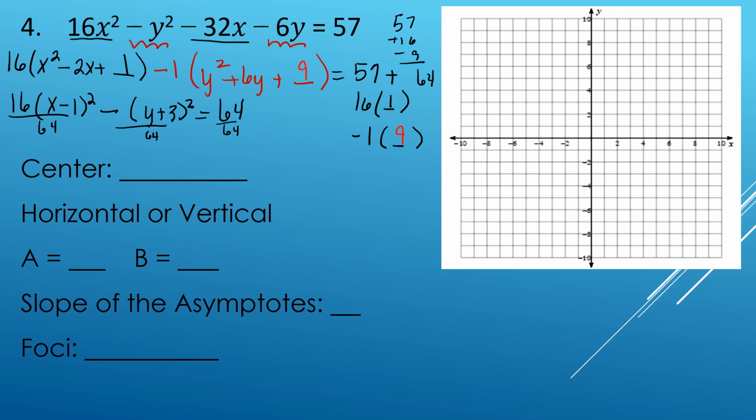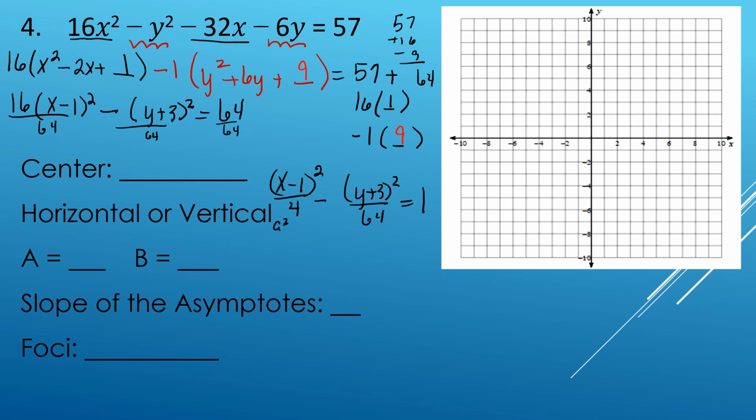So we will be left with (x minus 1) quantity squared all over 4 minus, nothing simplifies with the y's, so (y plus 3) quantity squared over 64, all equal to 1. Okay, so in this example, you should notice that our a squared is always going to be first.